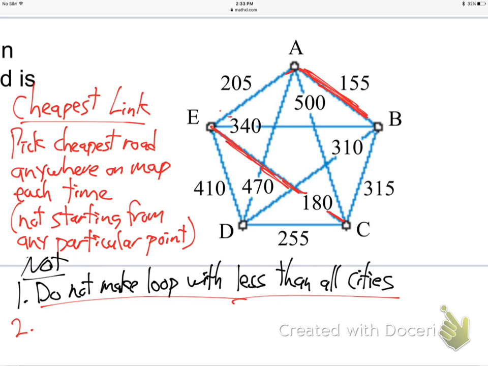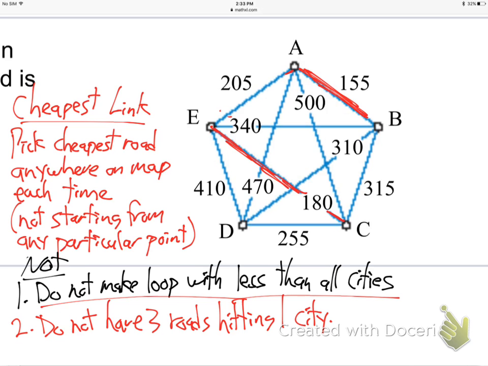And number 2, do not have 3 roads hitting one city. We only have 2 roads. When you finish making a loop, think about it for a minute. Every city is only going to be hit by 2 roads, one coming into the city, one going out of the city.